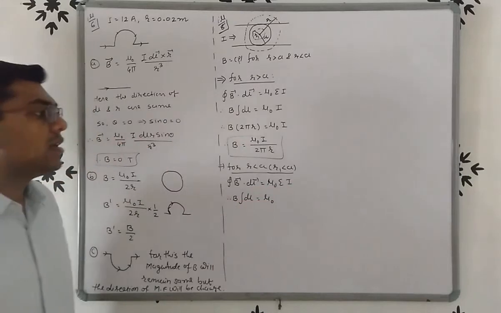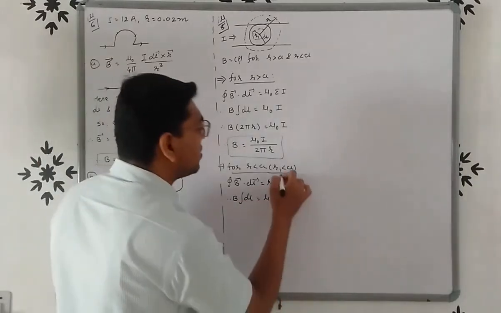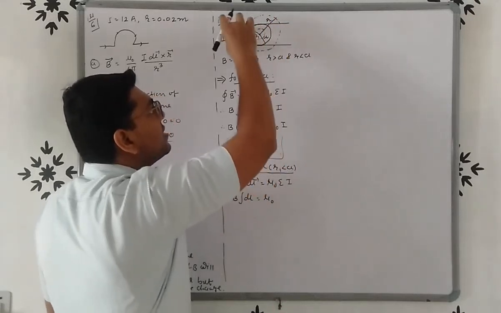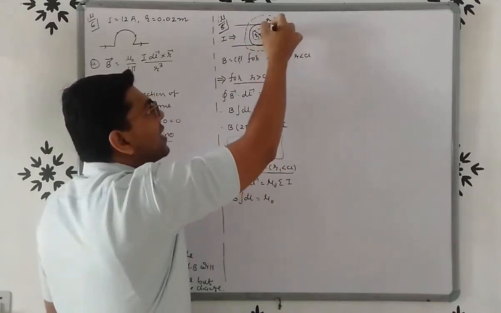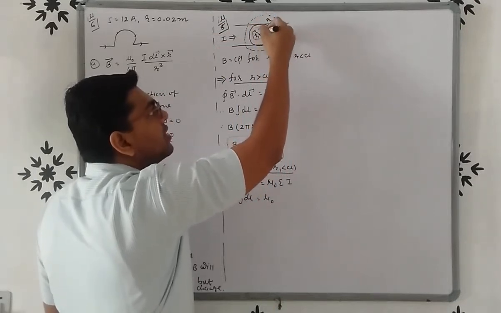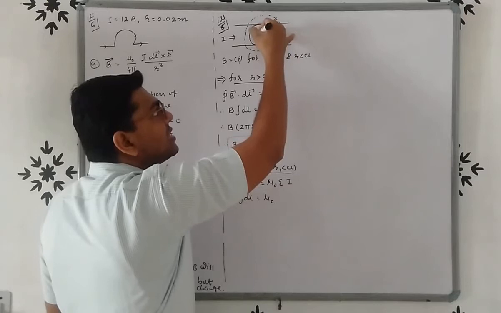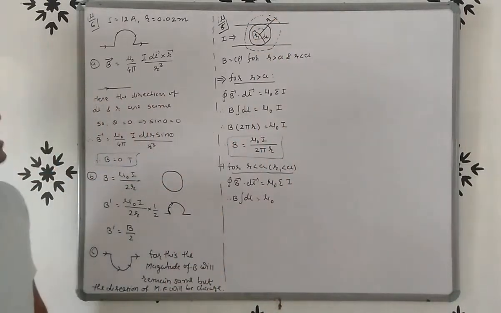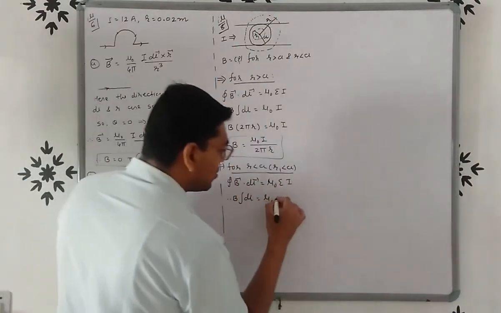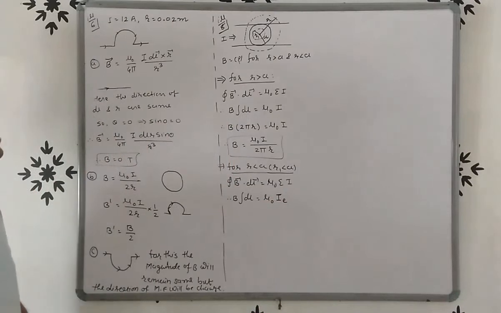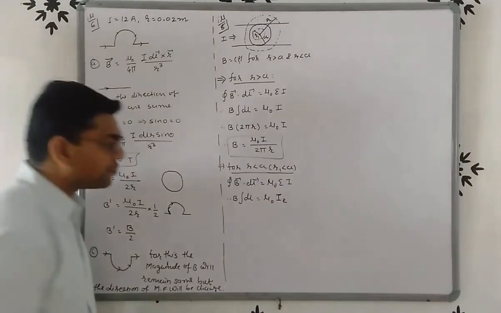Suppose the current passing through this cross section having radius r1. Here the current I is passing through the cross section having radius A. But r1 is less than A, so we have to find out the current that is passing through radius r1. So we assume the current I_e, which is passing through the cross section having radius r1.